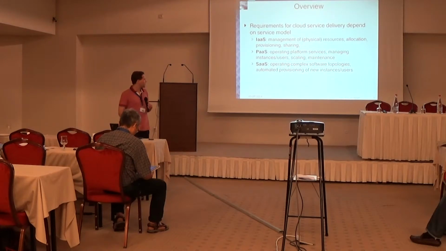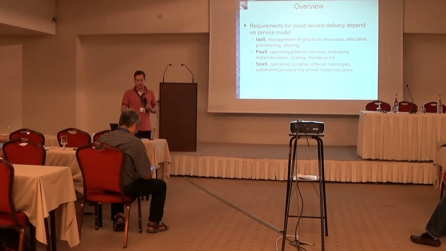So let's go to the next part of the presentation. If we want to deploy these software as a service offerings, these software applications in the cloud, basically we have requirements depending on what level of cloud service deployment we are on. We all know these different cloud service types.